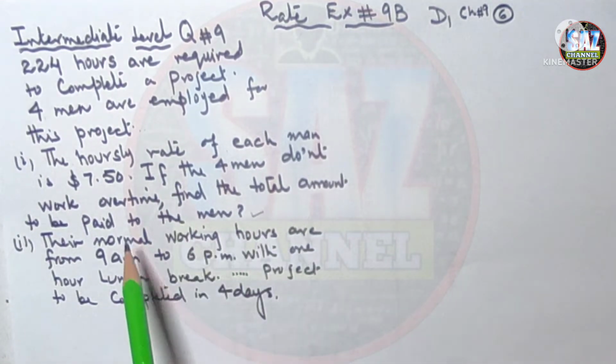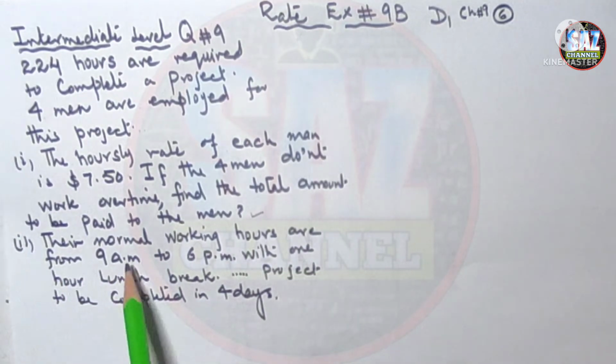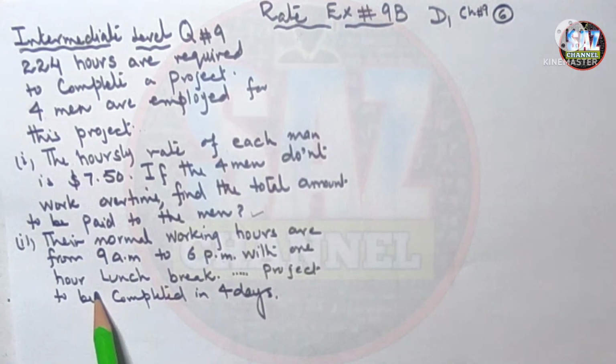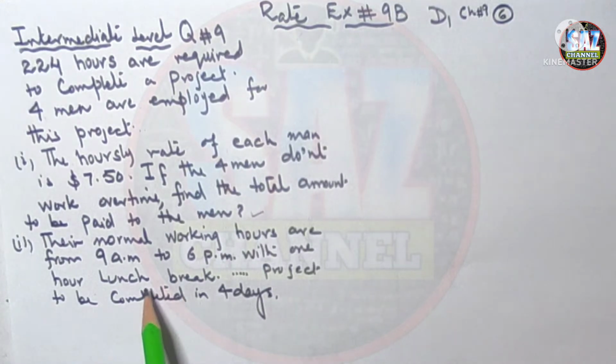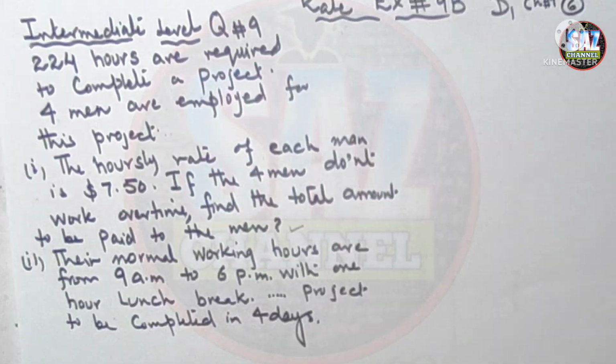And the second part: the normal working hours are from 9 a.m. to 6 p.m. with 1 hour lunch break. Given that the overtime rate is 1.5 times the hourly rate, find the total amount to be paid to the foreman if the project is to be completed in 4 days. Okay, so let's try to understand the question.